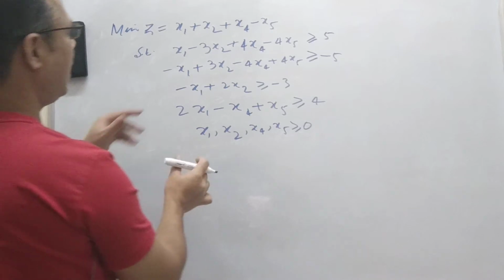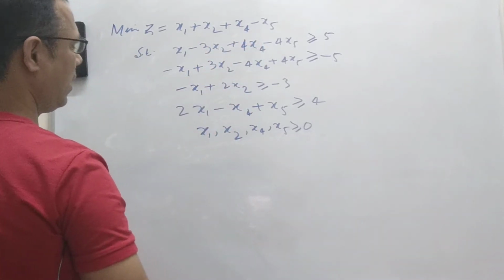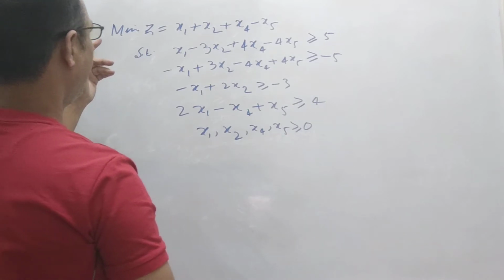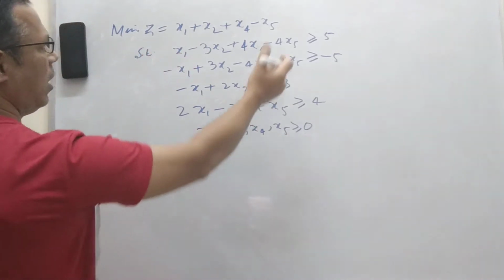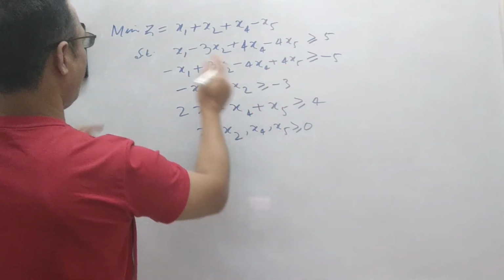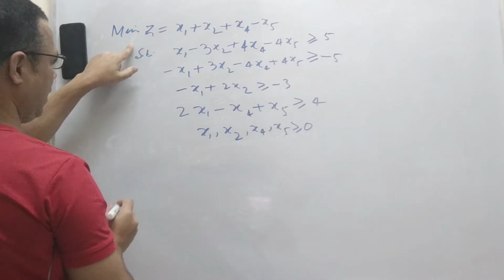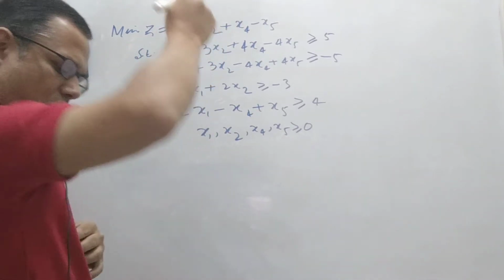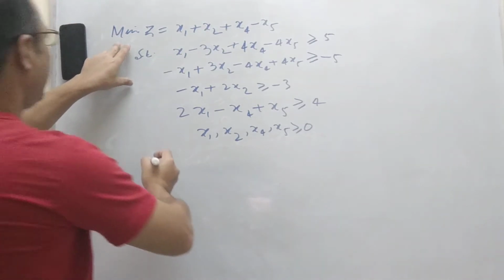Now we can see it is already in the form of an LPP, in the form of primal. We can consider this as the primal, because all the constraints are in the form of greater than or equal to, and the objective function is in the form of minimization. Okay, so now I am going to write its dual.